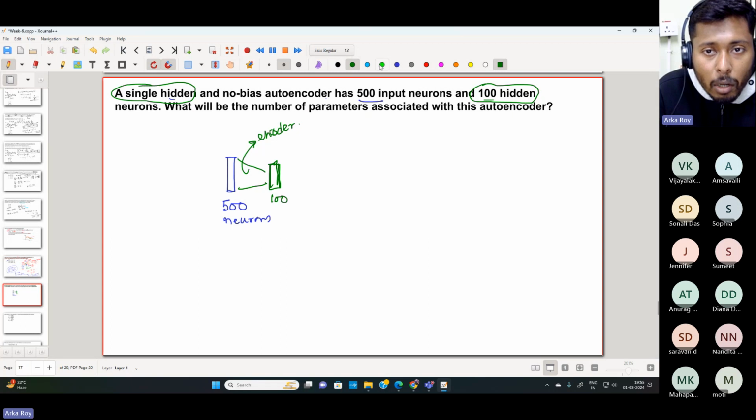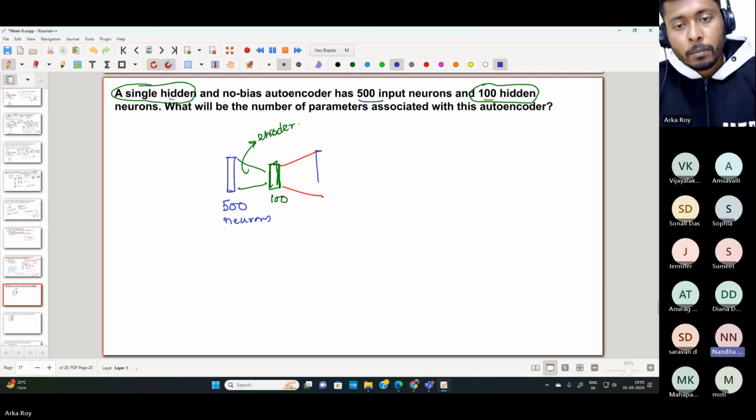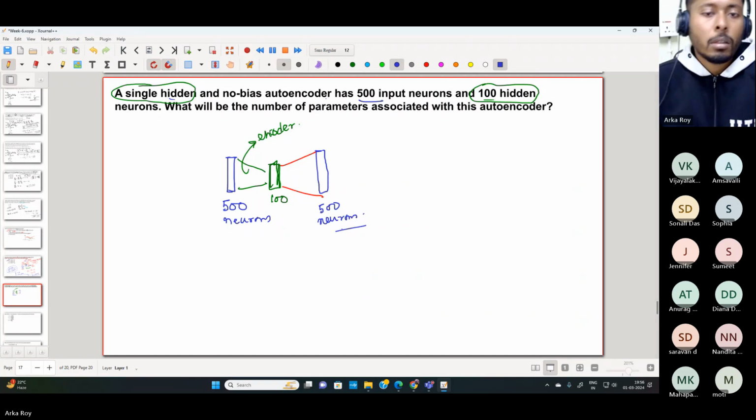At the decoder side, how many neurons will we have in the decoder output layer? 500. Yeah. So you will have 500 neurons. Okay. So this is the decoder.